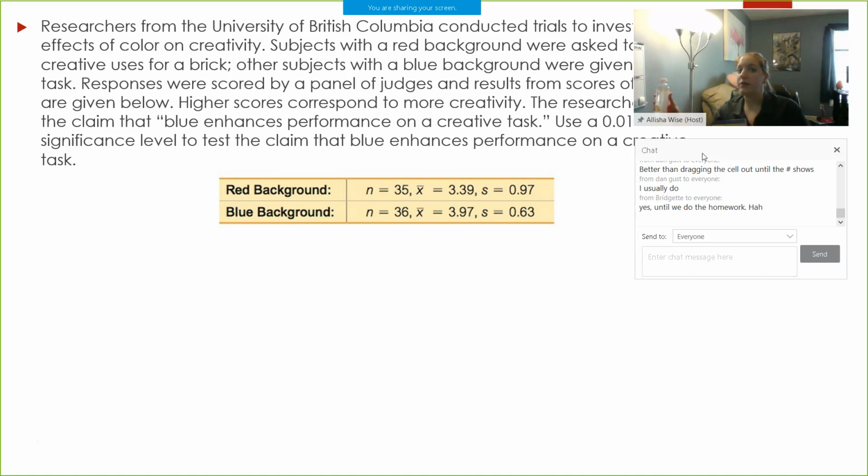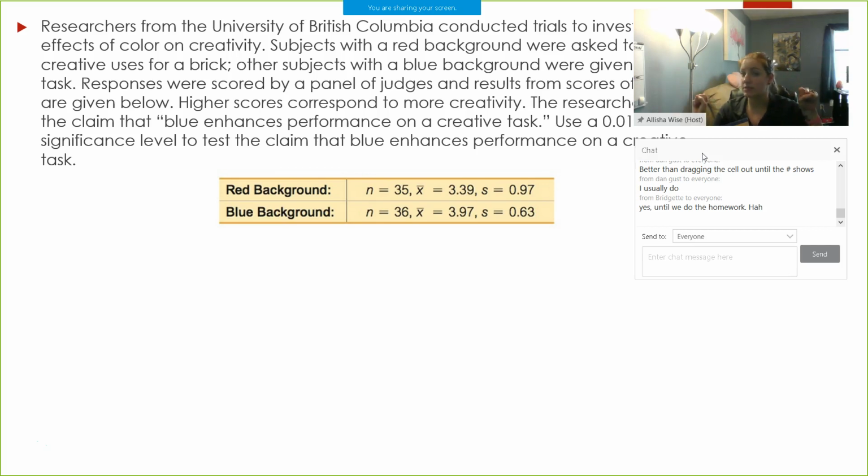Now, when they were looking at these two groups, these two are independent groups because it's not the same group that did it twice, right? One looked at a red background, one looked at a blue, because obviously that wouldn't work, since they already know what the task is, so that doesn't help. Instead, they're two different groups. They're actually two different group sizes, if you notice there.